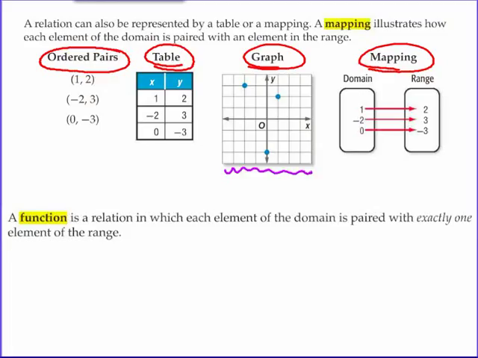Okay? So remember, a function is a relation in which each element of the domain is paired with exactly one element of the range. Now this is the easy thing when we talk about a function. We're going to view it as a graph. And remember, a function always passes what?